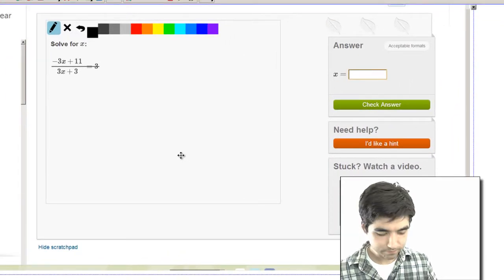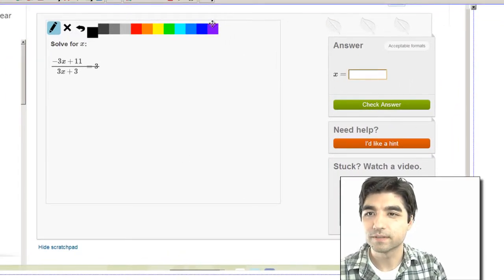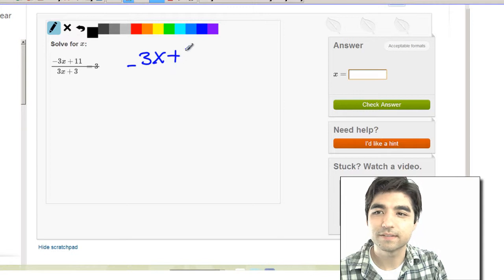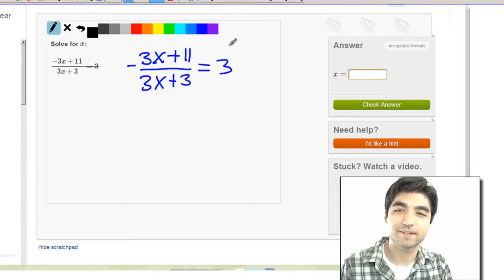Okay. So this one, oh my gosh, is negative 3x plus 11 divided by 3x plus 3 equals 3.